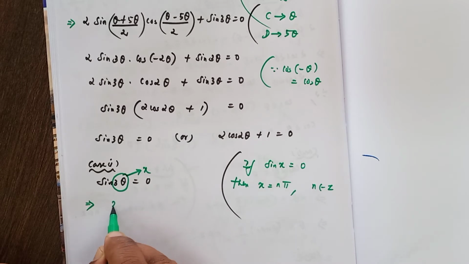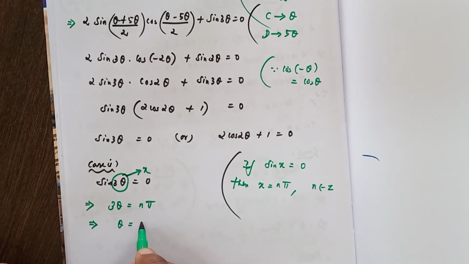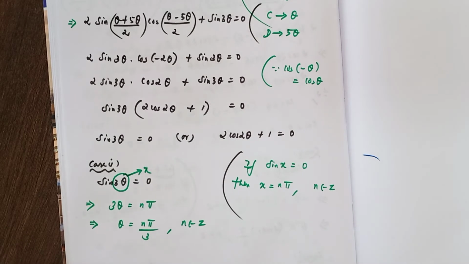Instead of x we have 3 theta equals n pi, which implies theta equals n pi by 3, n belongs to integer. This is one solution. Now case number 2.